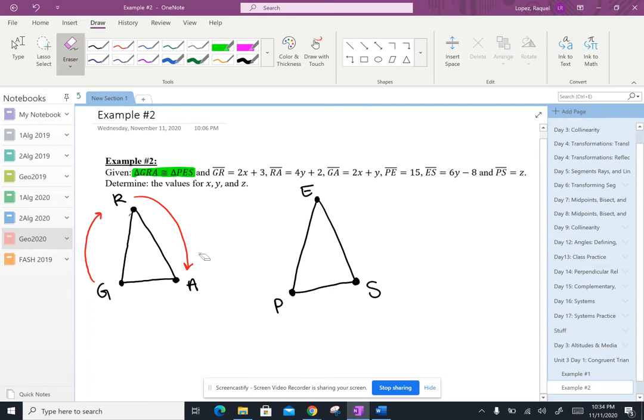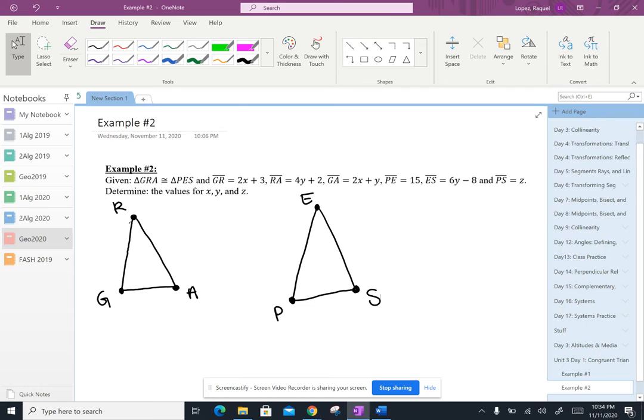Now, the reason I'm doing that is so that we can clearly see the corresponding angles and the corresponding sides of our congruent triangles. So now that I've drawn my triangles, I can easily see that angle R is congruent to angle E. We can see that in our statement as well, because R is the second letter in this triangle name, and E is the second letter in that triangle name.